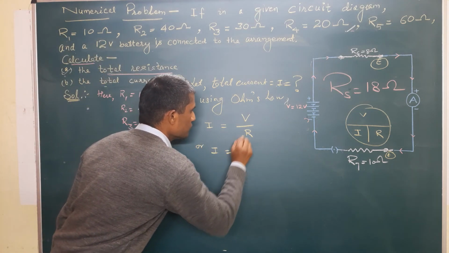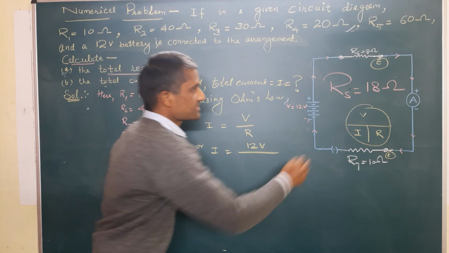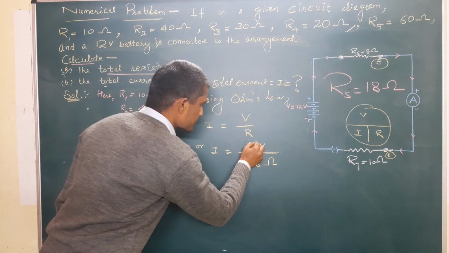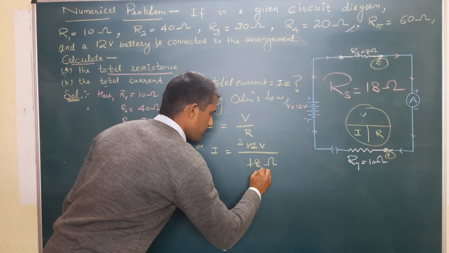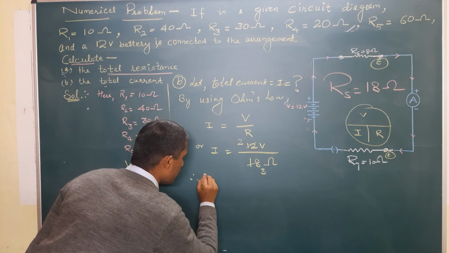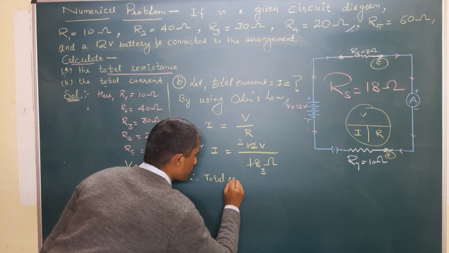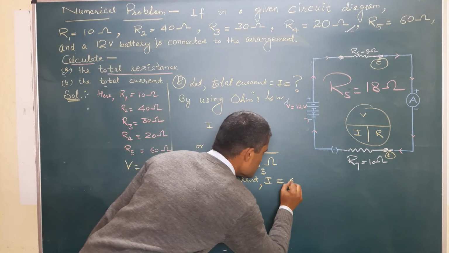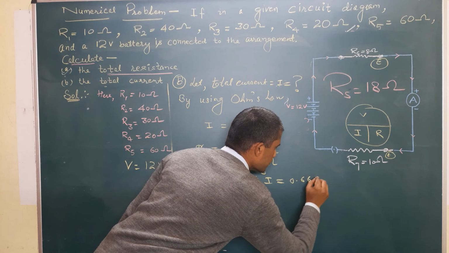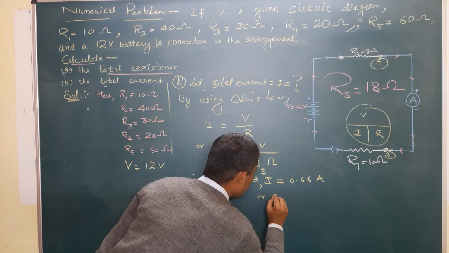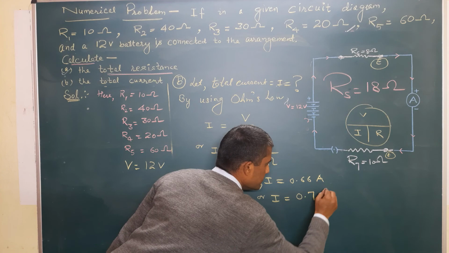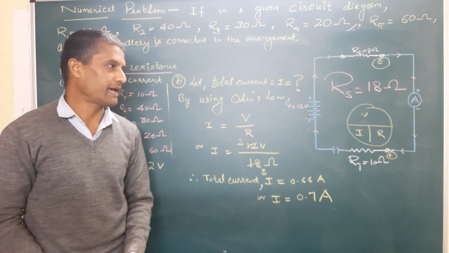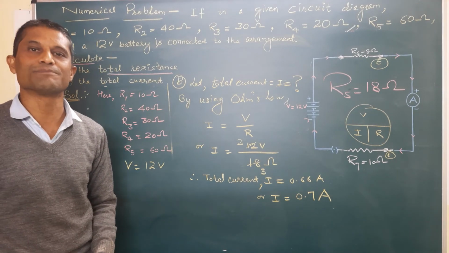So I is equal to 12 volt upon the total resistance calculated already, 18 ohm. Therefore the total current I is equal to 0.66 ampere, or I is equal to 0.7 ampere. So that's the total current we have got. That's it as far as this numerical problem is concerned.